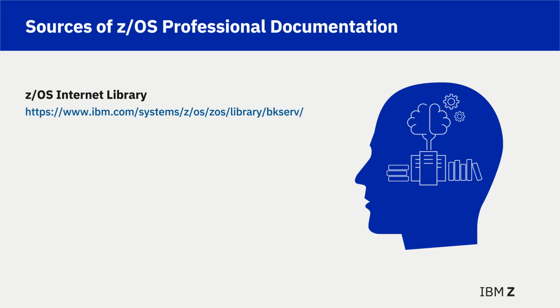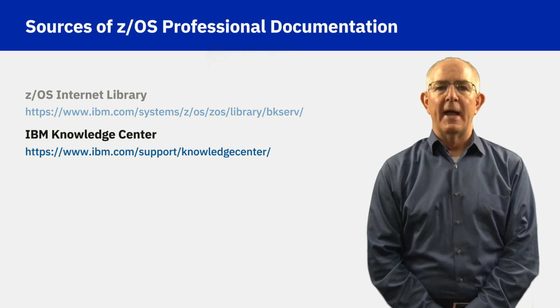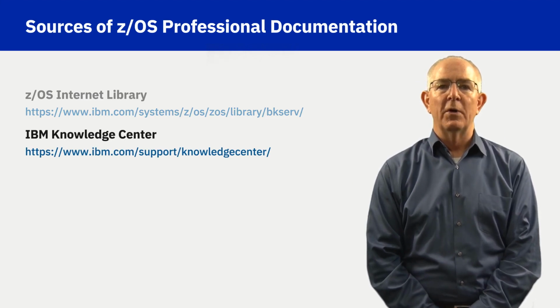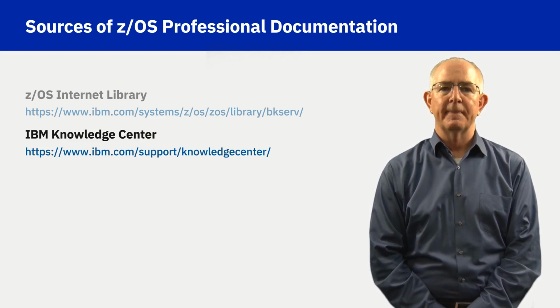Part of becoming an experienced zOS technician is knowing which manuals have the information you need. Navigating the professional manuals repository is a skill. The IBM Knowledge Center has the same information with a web-based approach to locating the information needed.